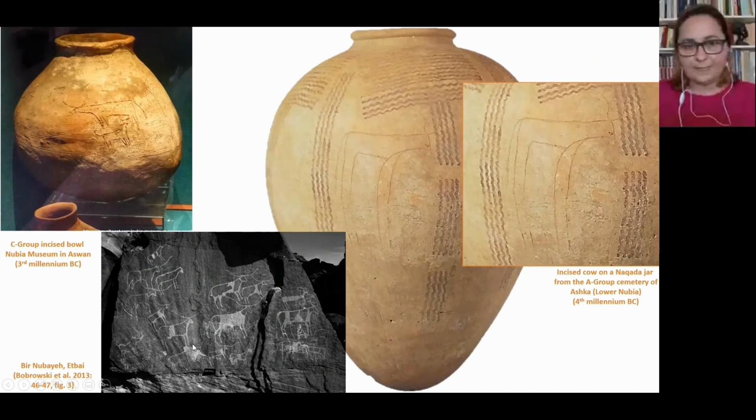And here, for instance, we have a panel that was found by our colleagues from the Institute of Archaeology and Ethnology of the Polish Academy of Sciences in the Eastern Desert in Sudan. So this kind of rock art that is clearly a Nubian tradition, Nubian connection, is pretty common in the First Cataract region compared to northern regions. So again, this is quite interesting for us.